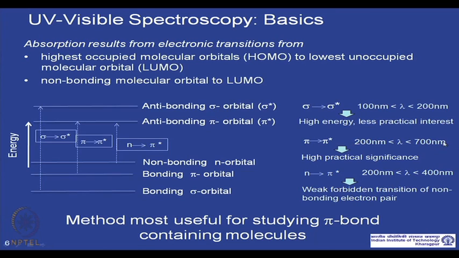This has very practical significance, which helps us find out the functional groups or the conjugation present in the molecule. Non-bonding to pi star transitions are very weak absorptions, which happen in the region of 200 nanometers to 400 nanometers, which basically implies the presence of non-bonding electrons in the compound.